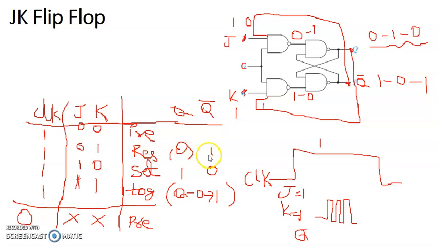So Q is 0, Q bar is 1. When clock is 1, J is 1, K is 0, it is set. So Q will be 1, Q bar will be 0. If clock is 1, J and K is 1, 1, it is toggle. If my Q was 0 before, now I'll get 1. If it was 1 before, then I'll get 0. Q bar is the reverse of that. This is the truth table of the JK flip-flop.